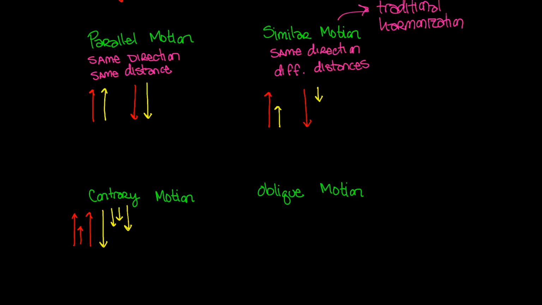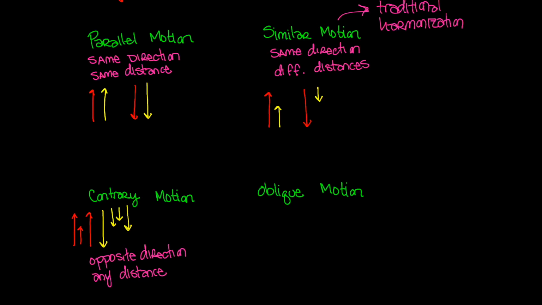It doesn't matter what distances they are, just as long as they're going opposite directions, we consider that to be contrary motion. So the key points here, I did it out of order, but it's opposite direction and any distance. Okay, and that's contrary motion.